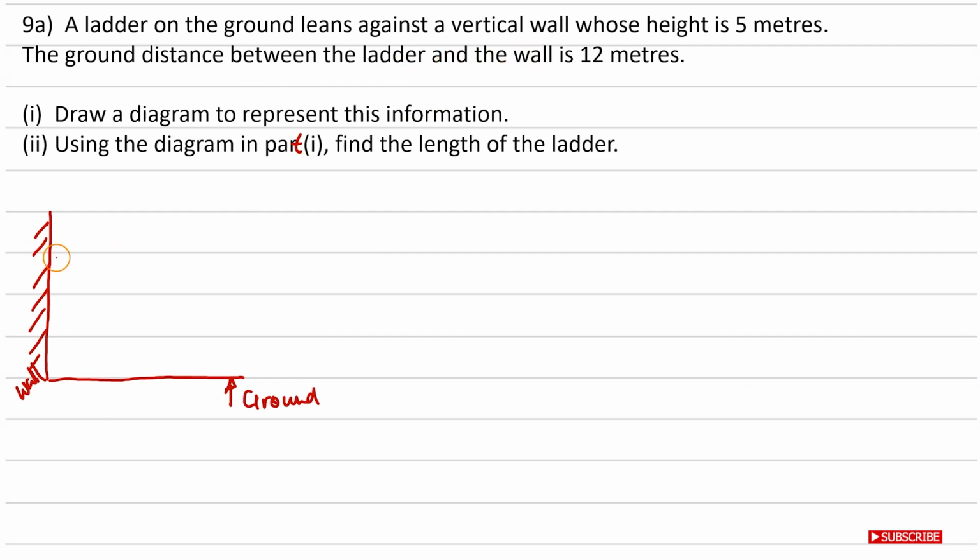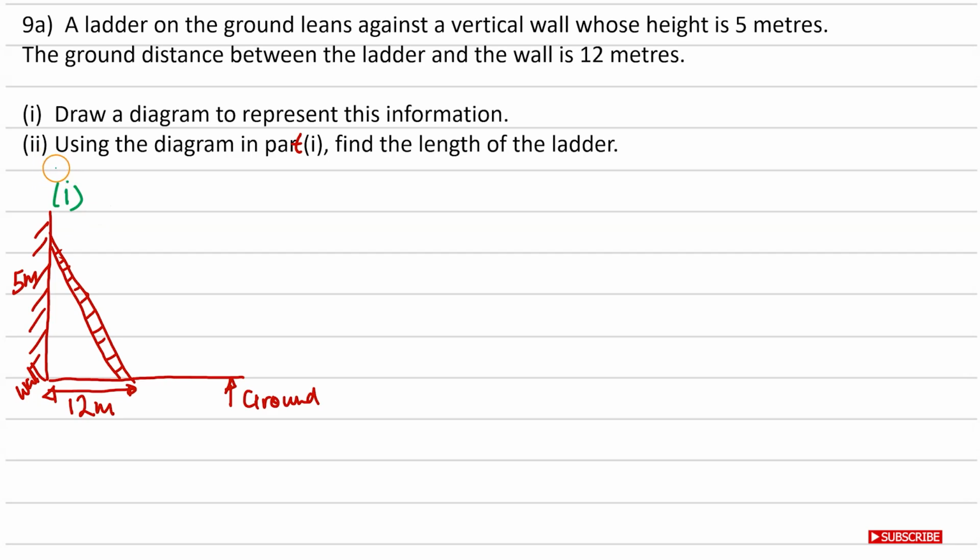The ladder is leaning against a wall. So let's say this is our ladder. Now we're told the wall is 5 meters, and then the ladder is 12 meters from the wall. So from there to there is 12 meters. So that is part I completed.